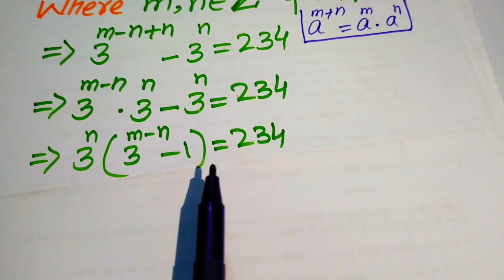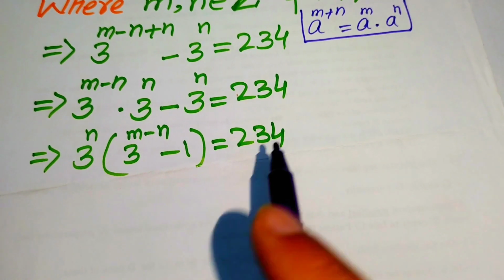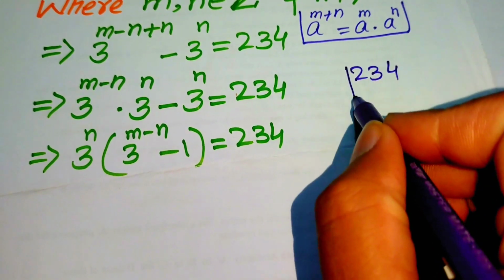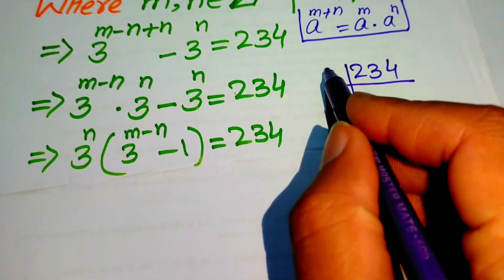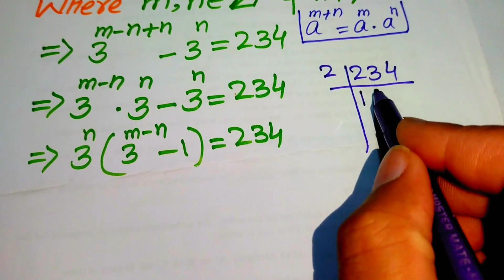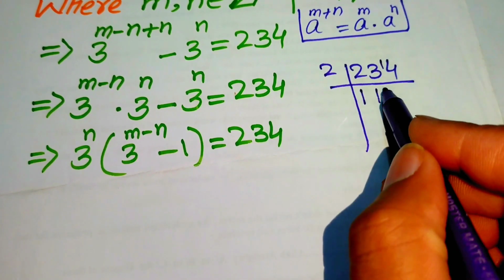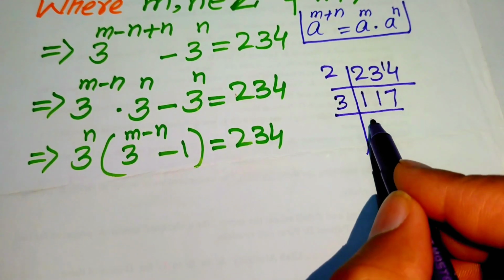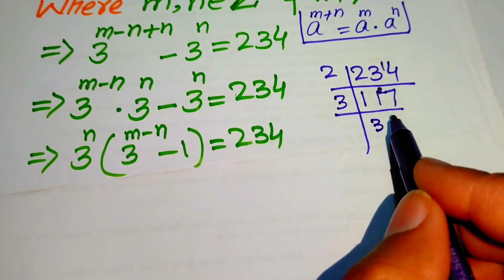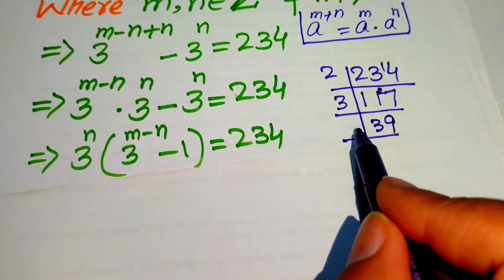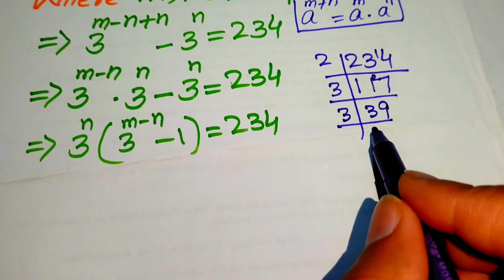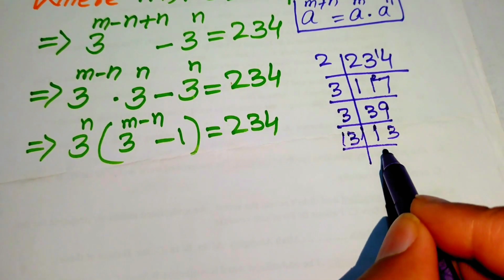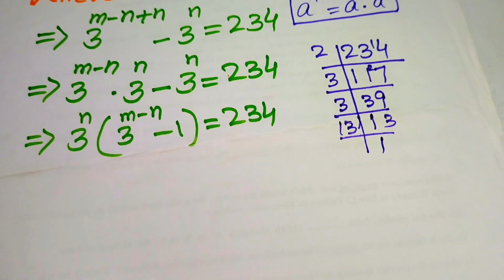So now first we find the factors of 234 by using this method. First we divide by 2: 2 ones are 2, 2 threes are 6, 2 sevens are 14, which gives 117. Now we divide it by 3, and we have 39, and again divide by 3, and we have 13.